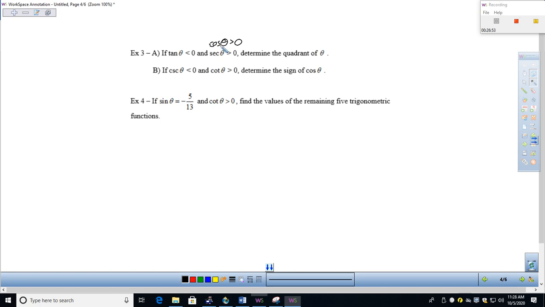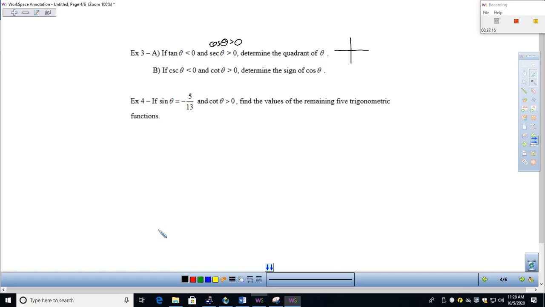Well, I'm going to work off to the right here and draw myself a little coordinate plane. And let's just deal with this right here. It's saying tangent of theta is negative. So which quadrants would we have a negative tangent ratio?